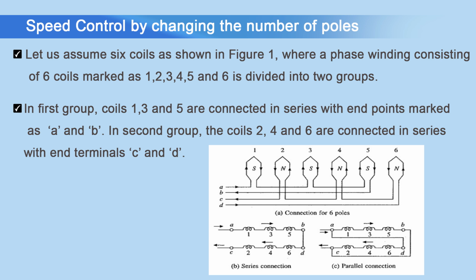In first group, we are having coils 1, 3 and 5, they are connected in series, and the end points of these series connection, they are marked as A and B. In second group, we are having coils 2, 4 and 6. They are also connected in series with the end terminals C and D.